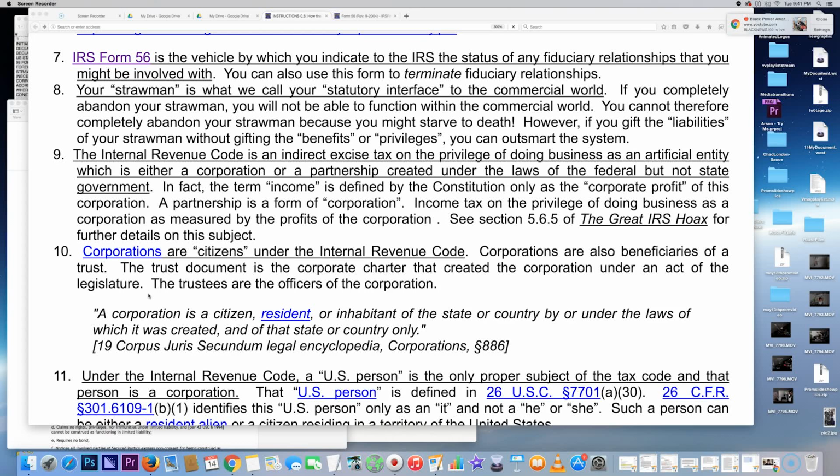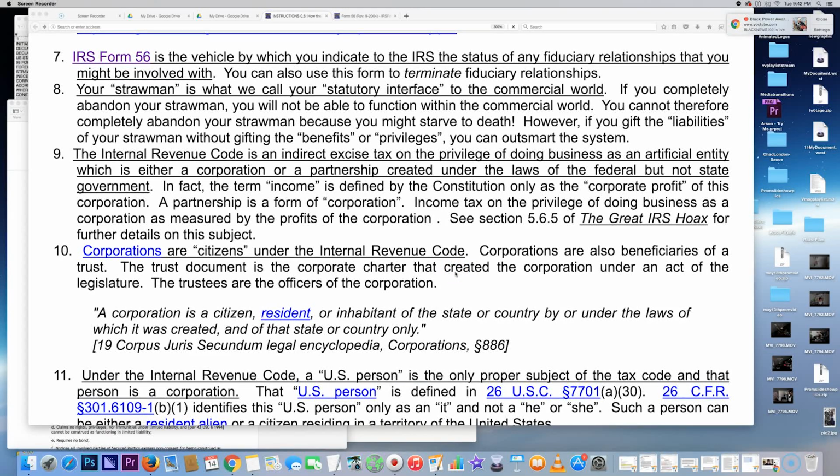The trust document is the corporate charter that created the corporation under an act of the legislature. The trustees are the officers of the corporation. So what is the trust document? The trust document being the birth certificate.